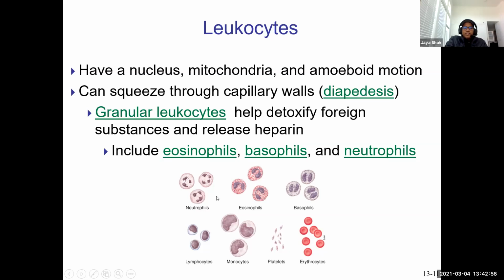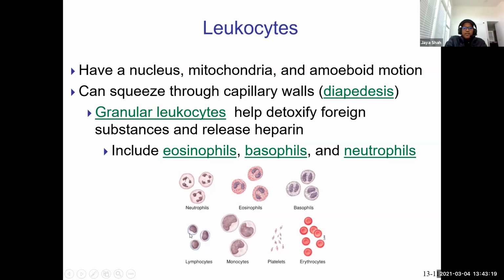So if granules take acidic eosin dye, eosin is like red, then we call them eosinophils. If they take basic dye, then we call them basophils. And if these granules take both dyes, then we call them neutrophils.